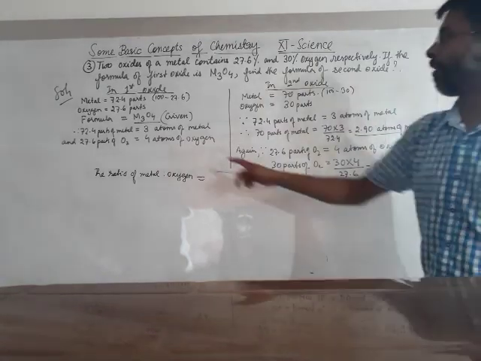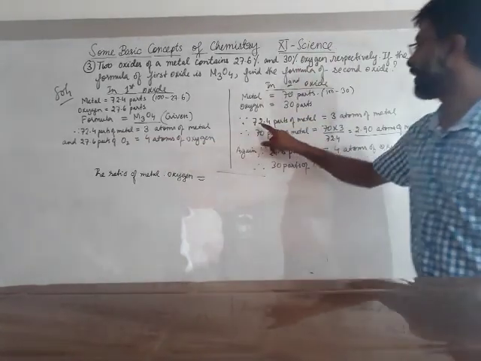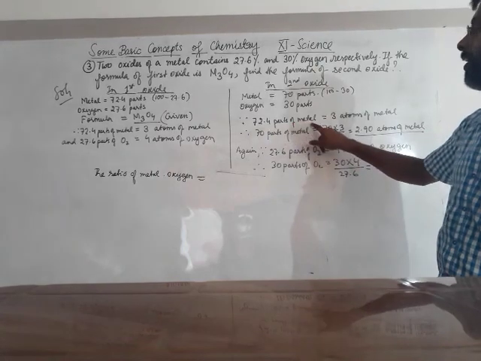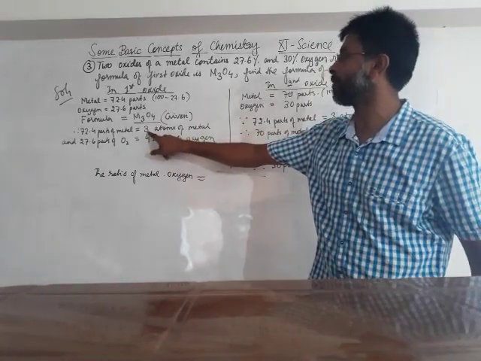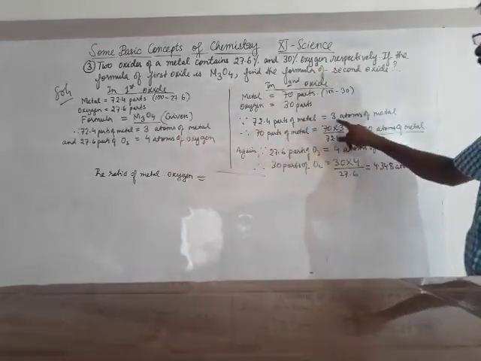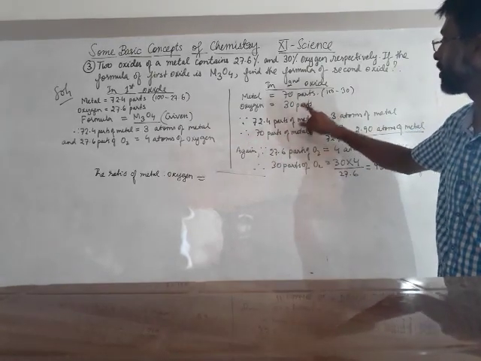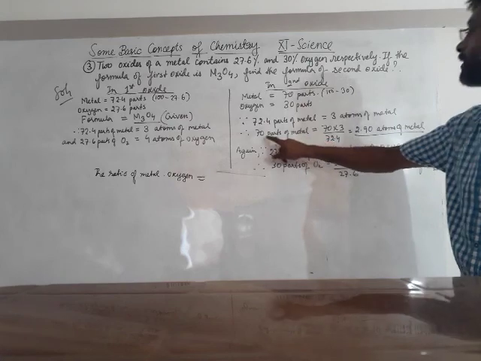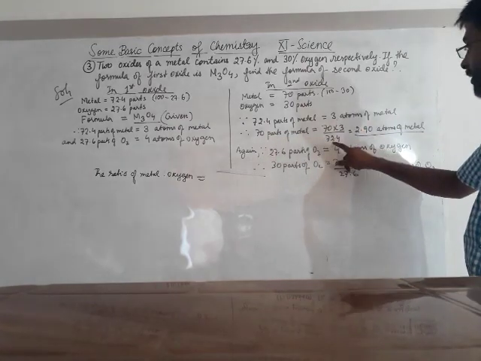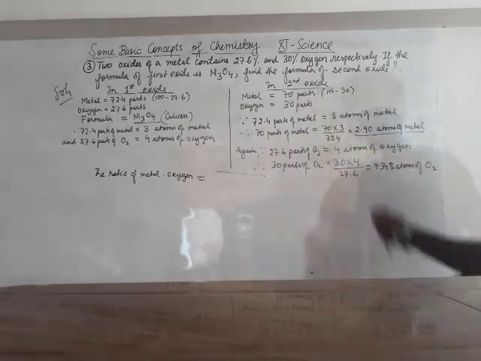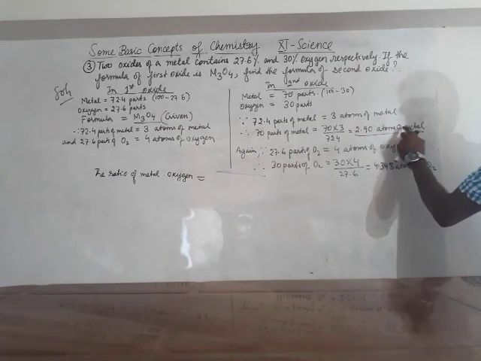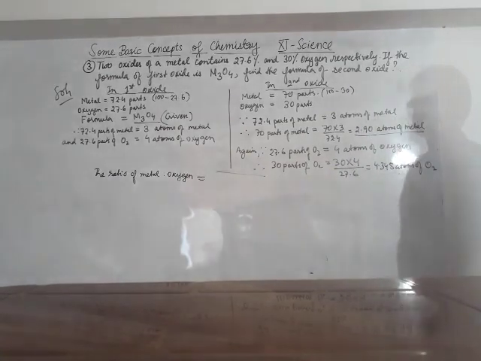Now, from here, 72.4 parts of metal, we have seen from the formula, is 3 atoms of metal. Therefore, this 70 parts of metal will be equal to 70 multiplied by 3 divided by 72.4. That will give me 2.90 atoms of metal in the second oxide.